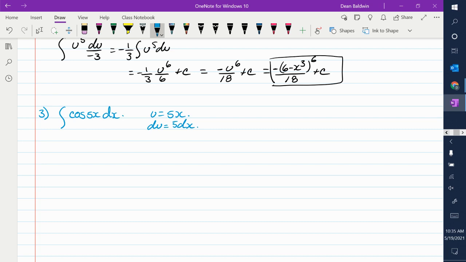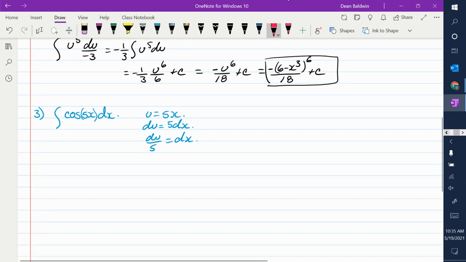Is there a 5 dx in your integral? Right? Because this, that's all tied up in there. So you have to divide off that 5. And there's a dx in your integral. So this is du over 5.